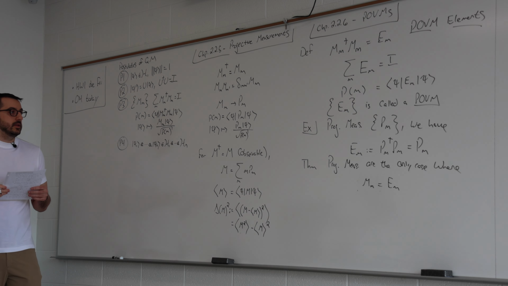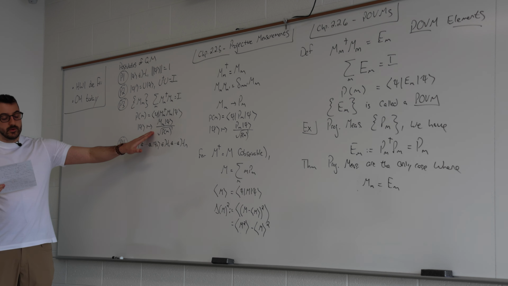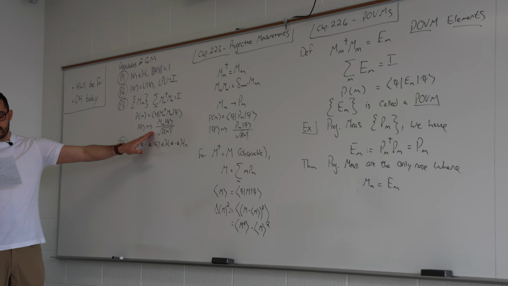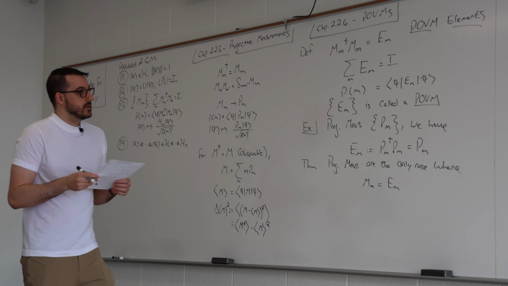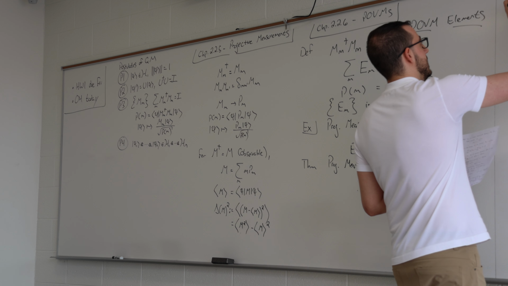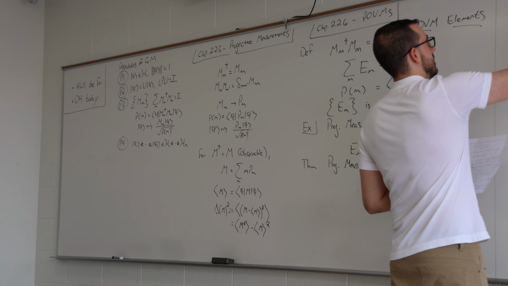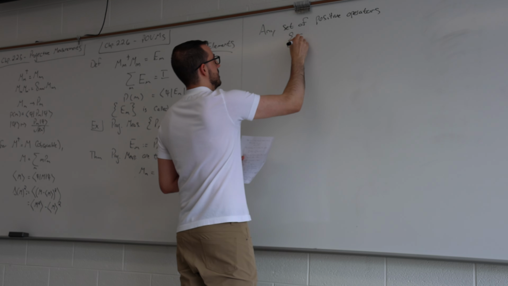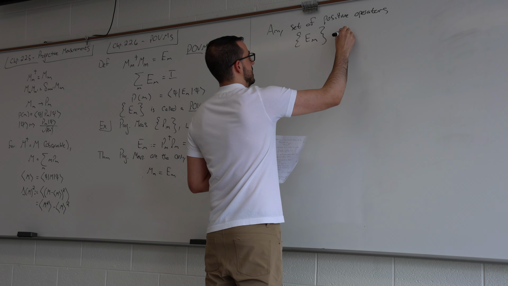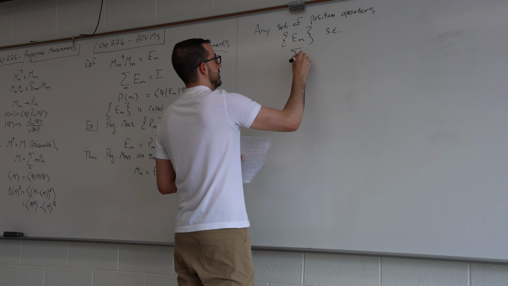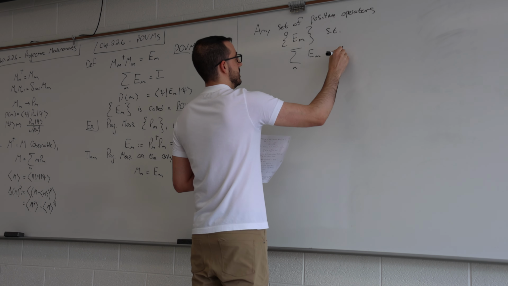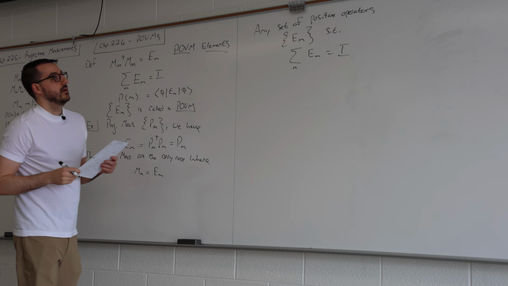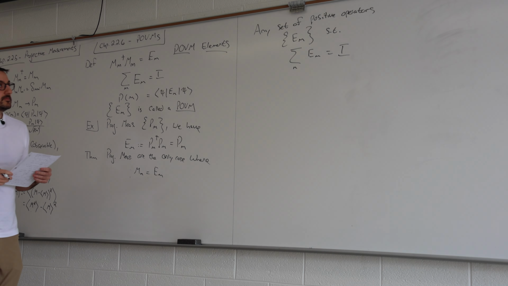Now, the only thing we need to think about is how we recover the update rule from this. Because we would like to think of any set of positive operators E sub m, such that the sum over m of E sub m is equal to identity, as a valid quantum measurement, as a POVM.